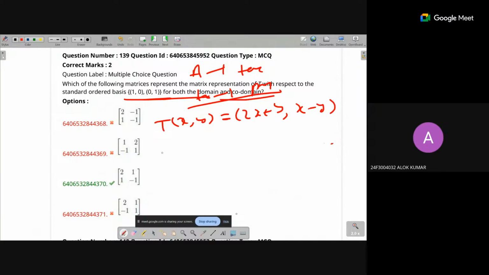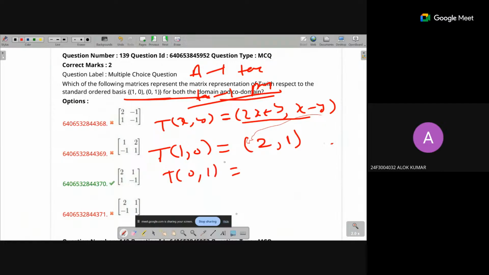Now listen. First take the domain basis 1, 0. If I take the transformation of 1, 0, what would it look like? It is 2 and 1, right? The transformation of 0, 1 is what? The standard basis that I have to take is 0, 1, so it will be 1 and minus 1.